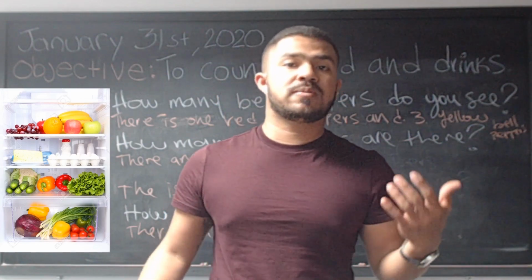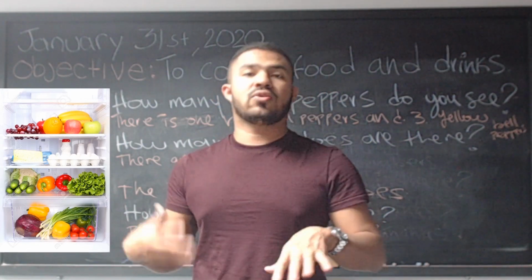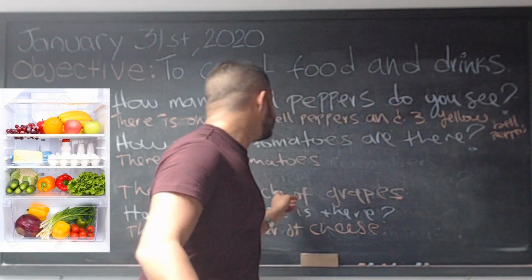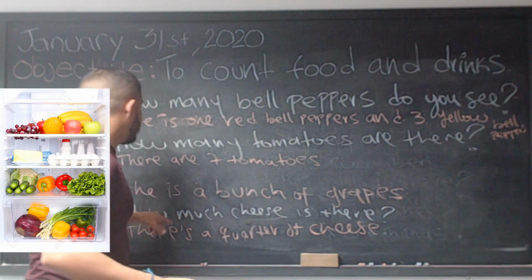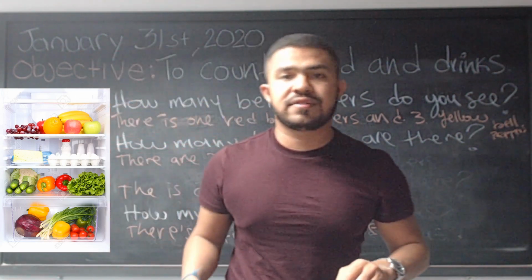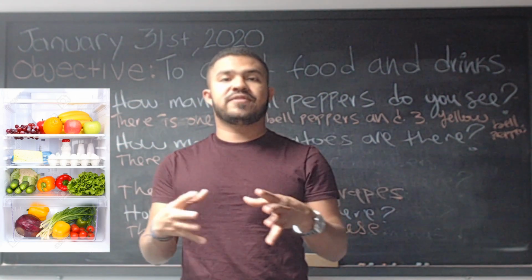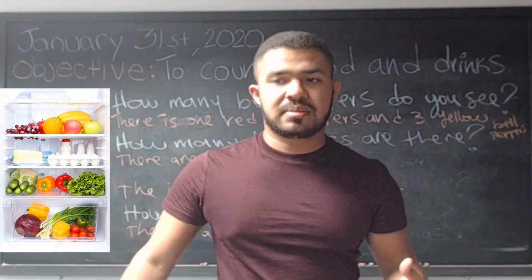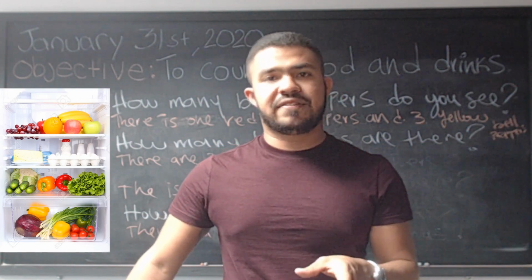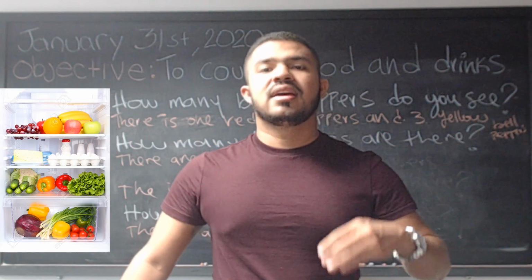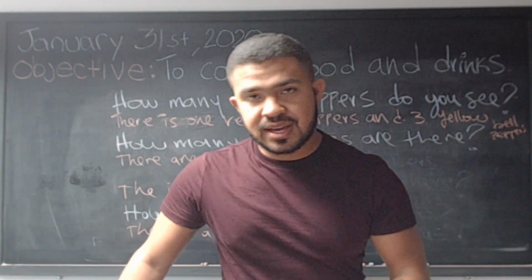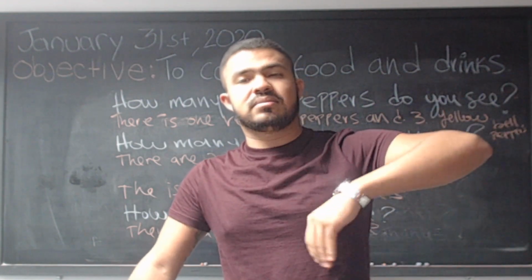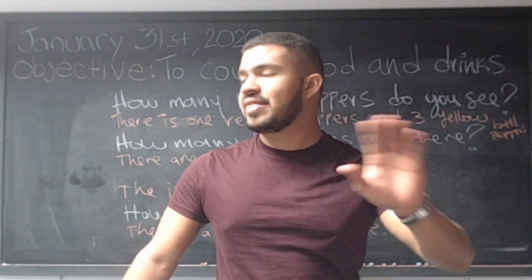To specify the amount of uncountable nouns, we use expressions like a quarter of, a piece of, a bottle of, or measurements like kilograms, grams, etc. That's all for today. See you next week on Tuesday.